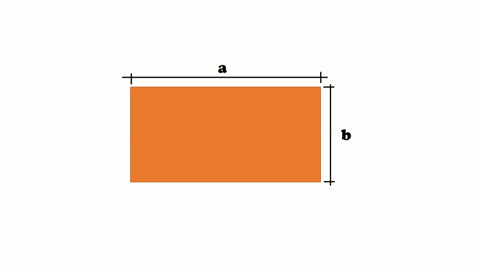And what we want to do is to create a program that calculates the area and the perimeter of a rectangle for us. So we want to enter the two dimensions of a rectangle, and then for the computer to calculate for us what the area of the given rectangle is and the perimeter.